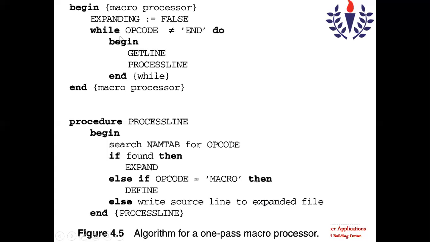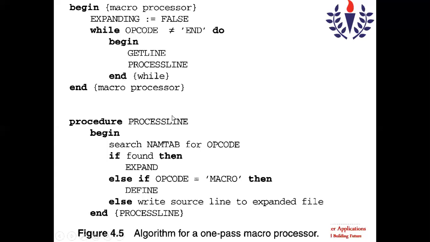Again, first expanding is equal to false, and the opcode will be checked till the end. The get line procedure will be called to get the lines, and then the process line procedure will be called to process the lines to expand the code. The first thing the process line procedure does is find the name tab for the opcode, meaning the name of the macro.